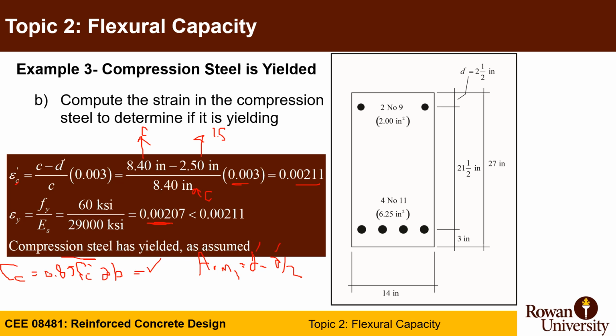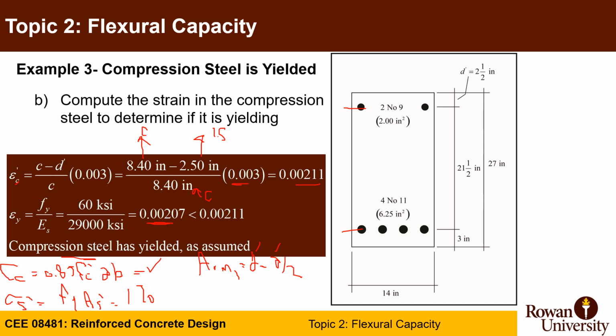7.14, calculated actually. You know now CS dash is, if yielded, AS dash times F yield. So in this case, it's going to be 2 times 60. It's going to be 120. And the arm is the distance between the compression steel to tension steel.